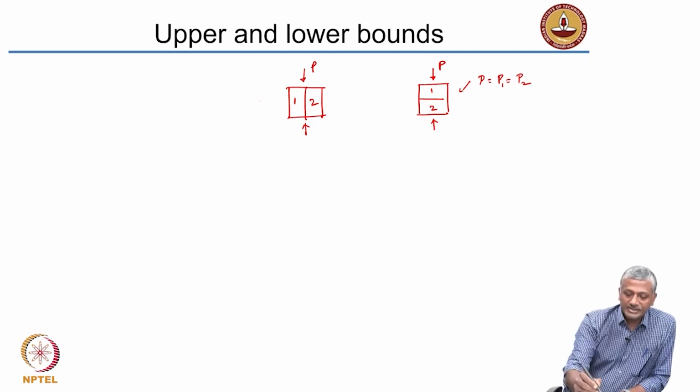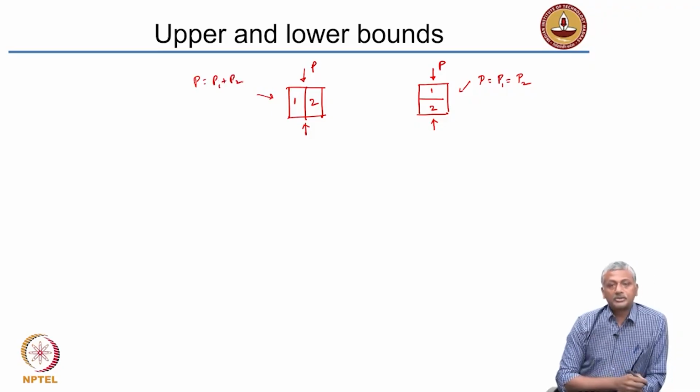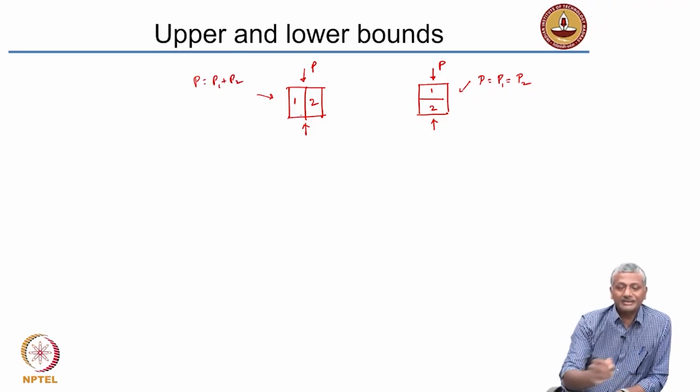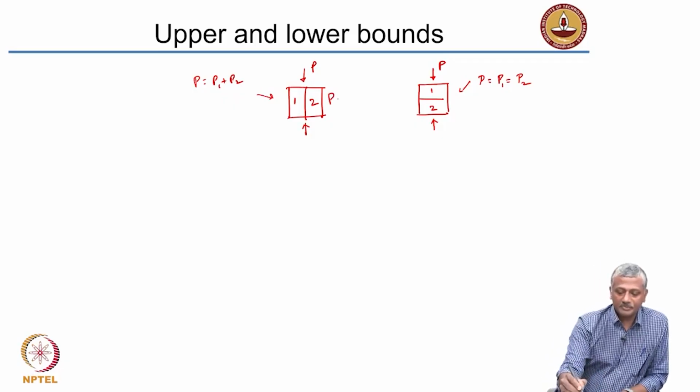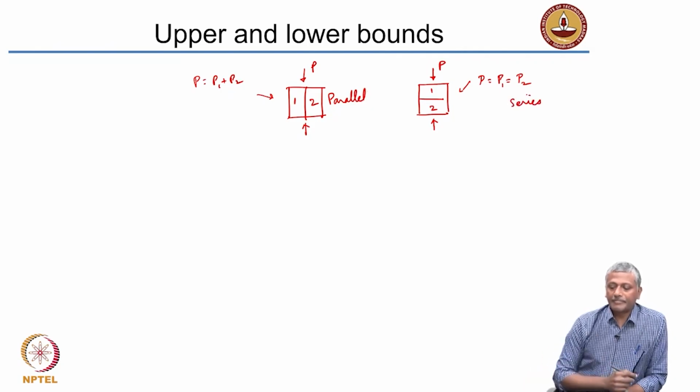In the first case, P will be equal to P1 plus P2 because they are connected in parallel, whereas here they are connected in series. So, this is parallel, this is series.